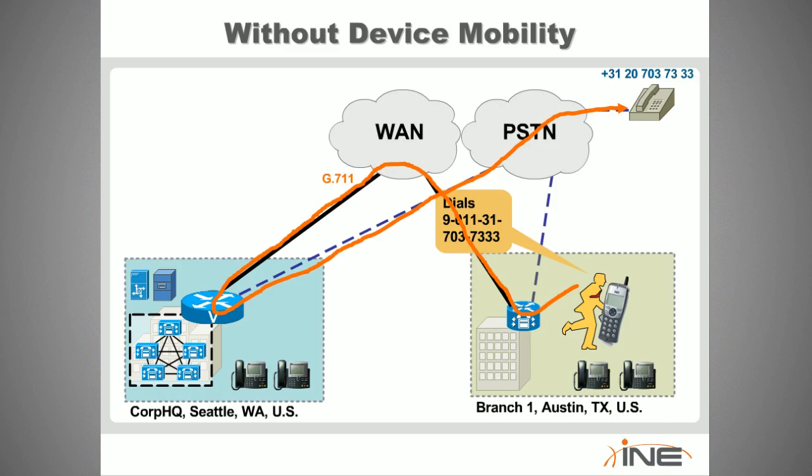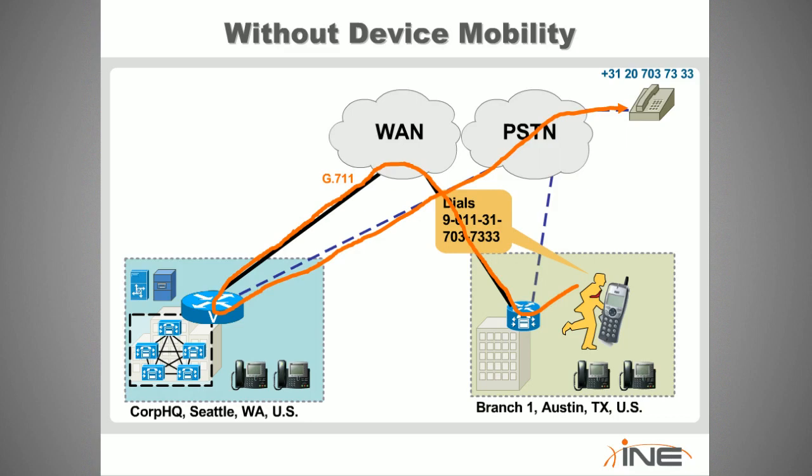So because the region in his 7921 corporate headquarter device pool and the region for the corporate headquarter gateway where his call is going to go out are the same region, we typically and by default have G711, or G722 if negotiated, but G711 within a region.